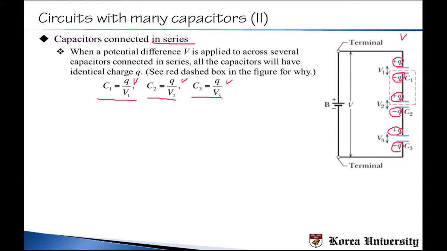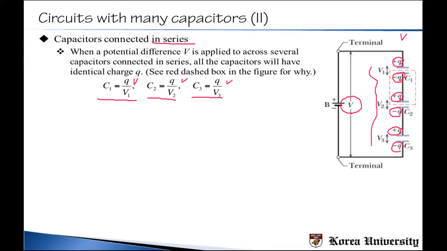Again, see that here we cannot add charges, but what other quantities can we add? Here, V1, V2, V3, if you add them together, that is equal to the total electric potential difference supplied by the battery.